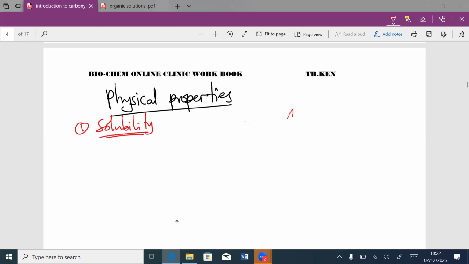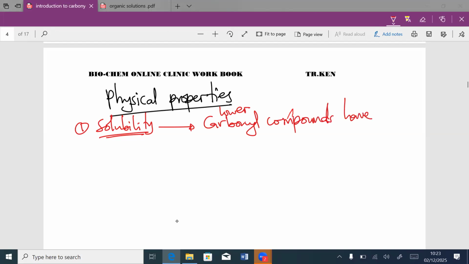Solubility. Now, when it comes to solubility, you look at these compounds that have a low molecular mass, the carbonyl compounds. In other words, let me call them lower carbonyl compounds.